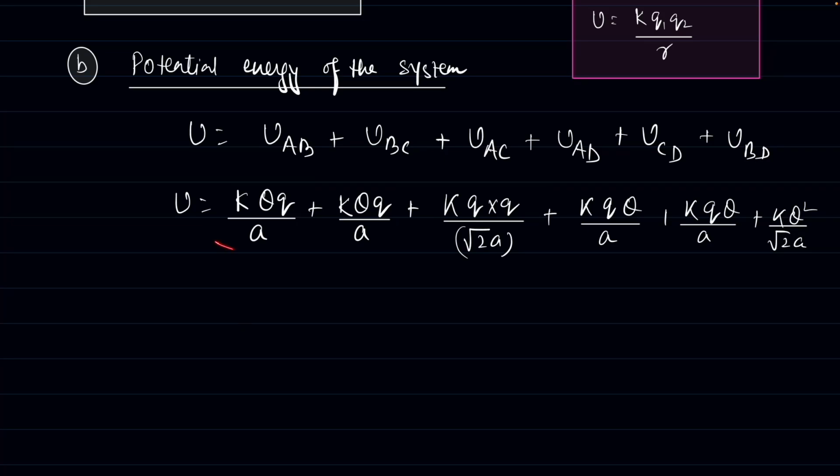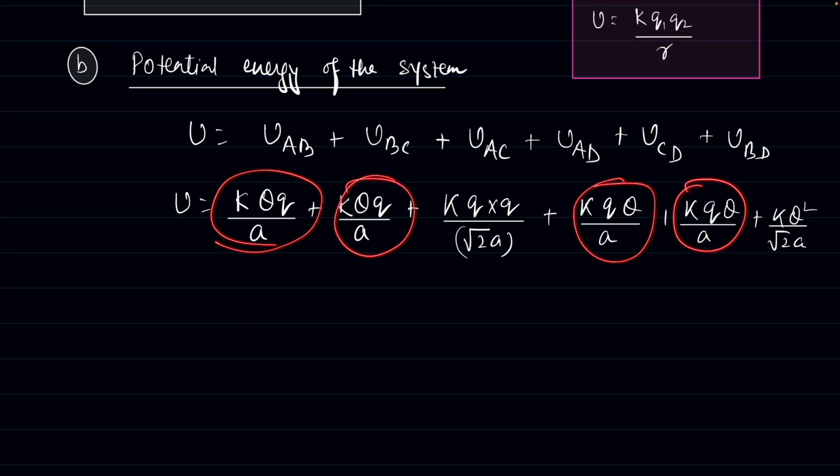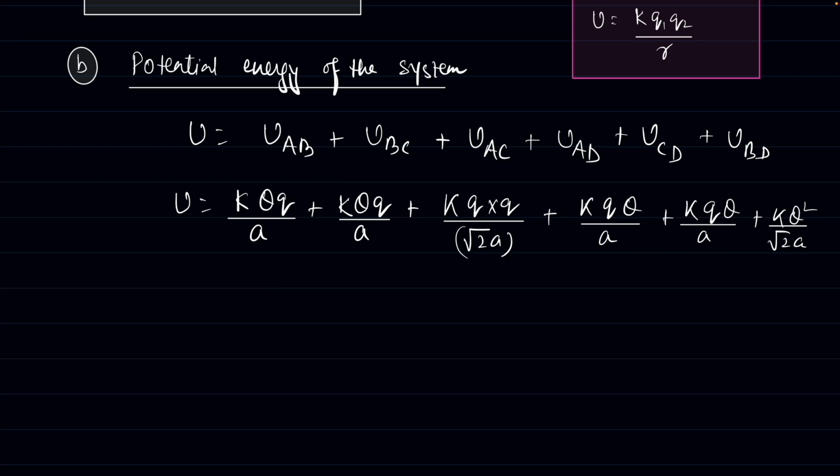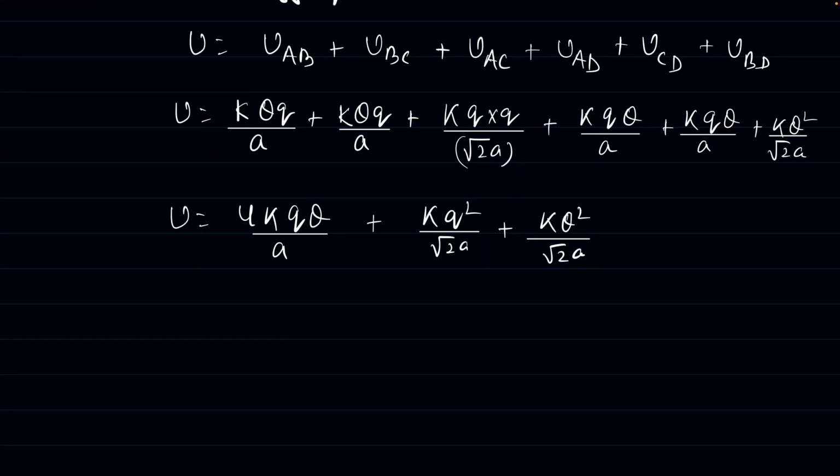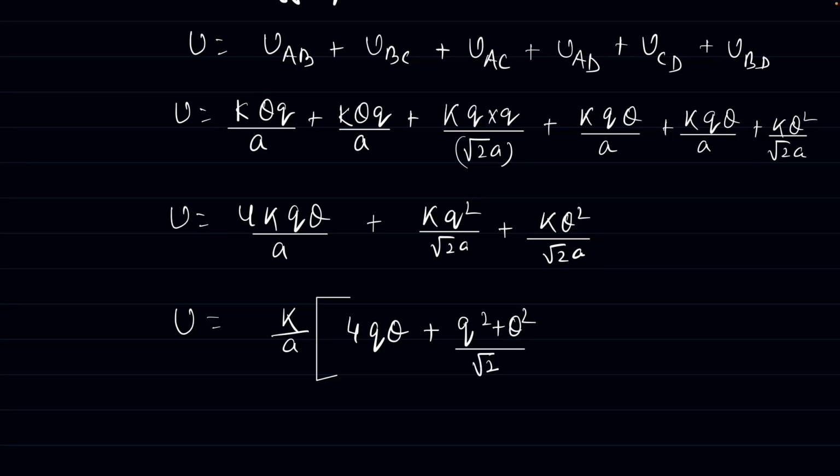Now you see these four are exactly same, so we can add all of it. So U is equal to 4 K a small q capital Q by A plus K Q square by root 2A plus K capital Q square by root 2A. So from here we can say that U is equal to K by A bigger bracket 4 q capital Q plus Q square plus capital Q square by root 2. So this is the answer of the second part of the question.